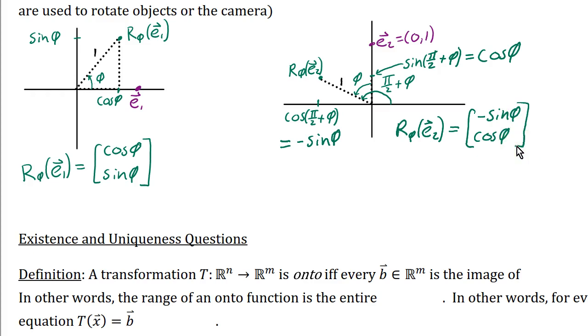And so the standard matrix is going to be made up of these columns. Or in other words, r sub phi of any vector x can be written as this matrix times x.